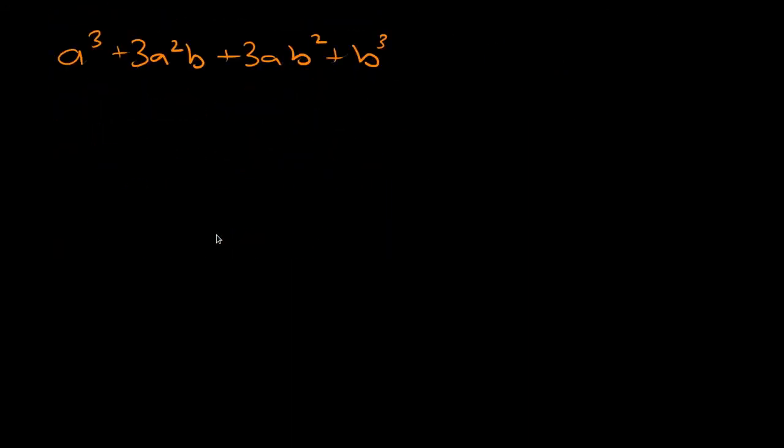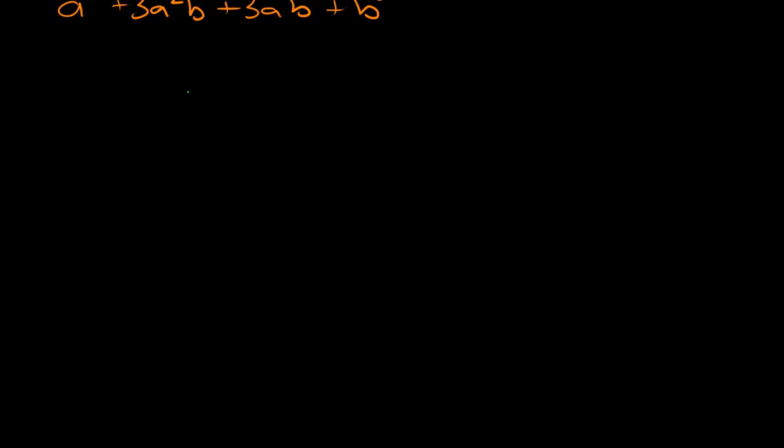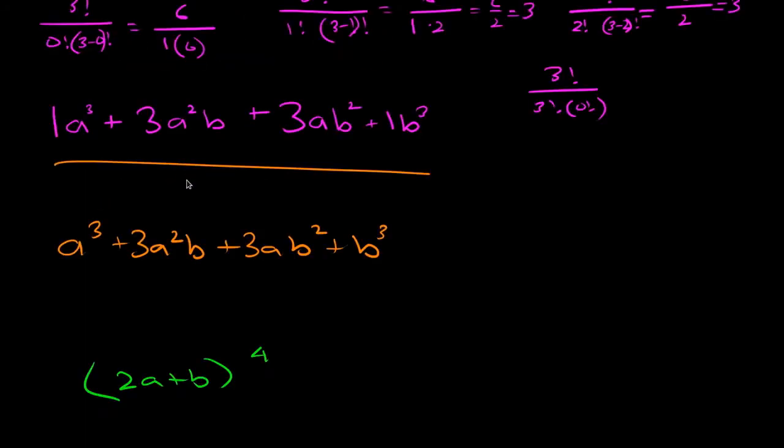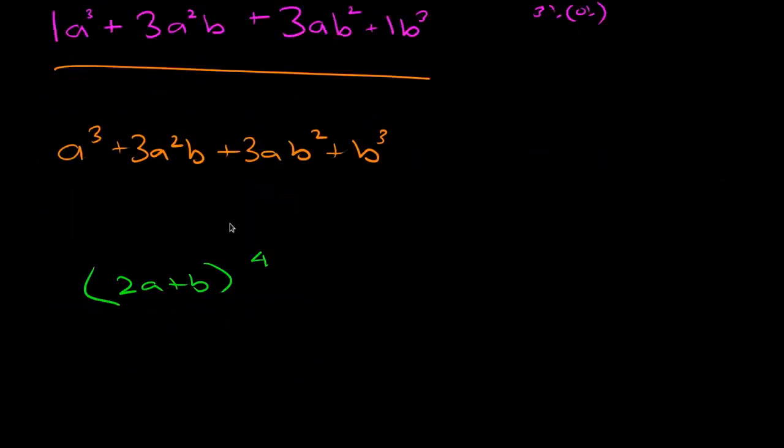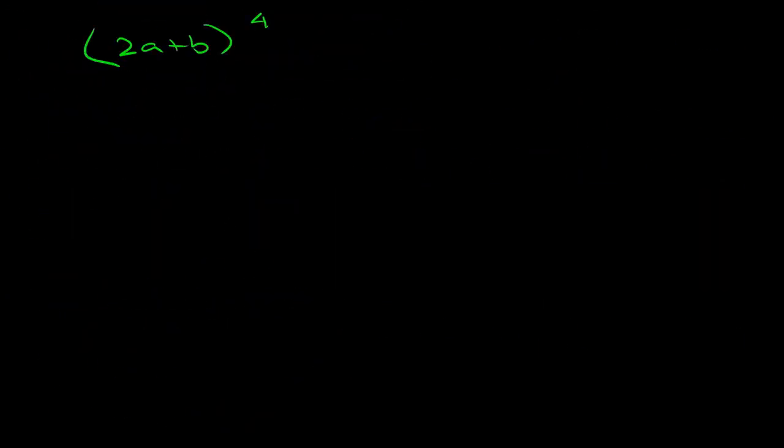Alright, that was a bit tedious, but let's do another one. So you have the binomial 2a plus b, and you raise it to the power 4. Alright, well, we can use the binomial theorem again. We'll just rewrite it. You have the sum from 0 to 4 of 4 choose k times a to the power 4 minus k times b to the power k.